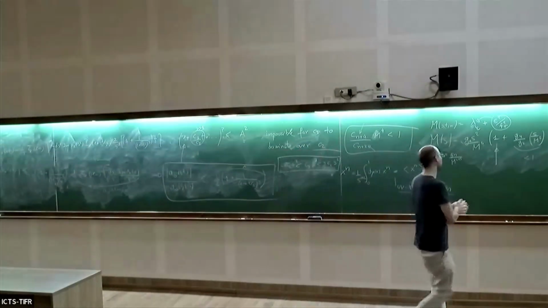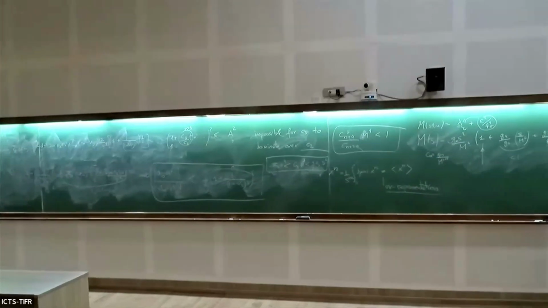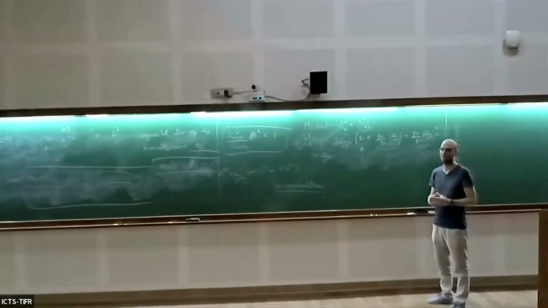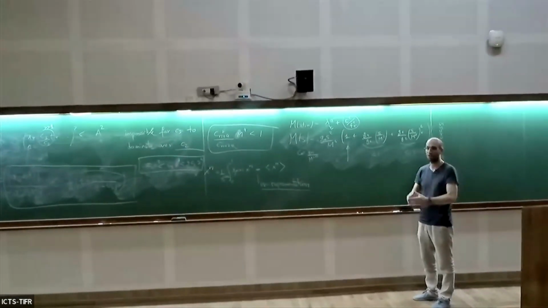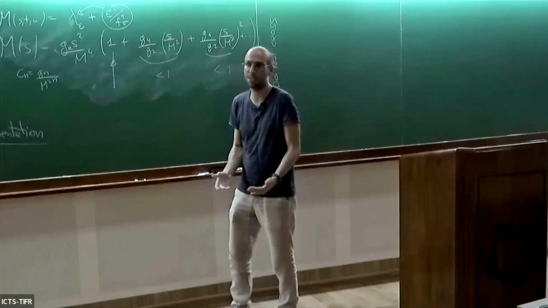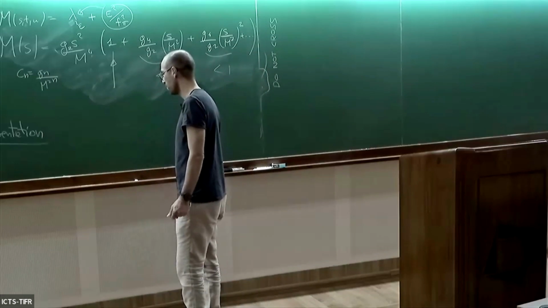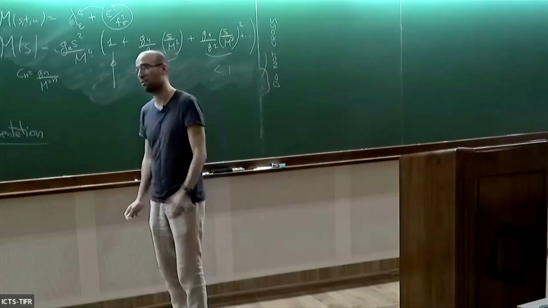No, unfortunately, that's the weak point of this whole program: it starts by saying something about the very relevant operators. So the leading one is pretty relevant, and it doesn't tell you something about the irrelevant ones.